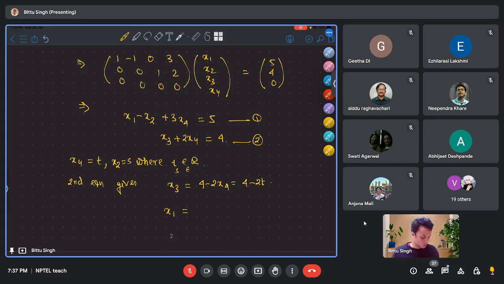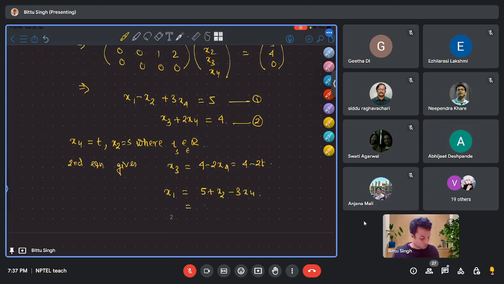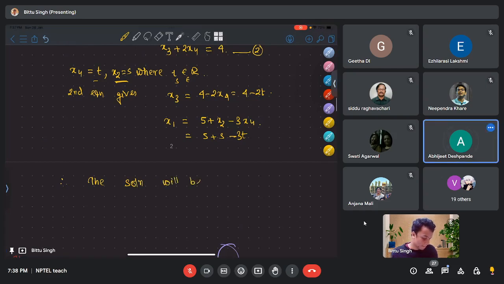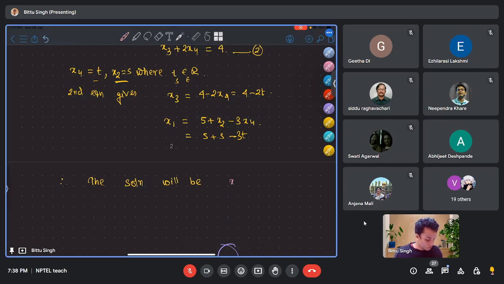Then x1 is 5 plus x2 minus 3x4. That is 5 plus s minus 3t. Okay. Therefore, what will be the solution?